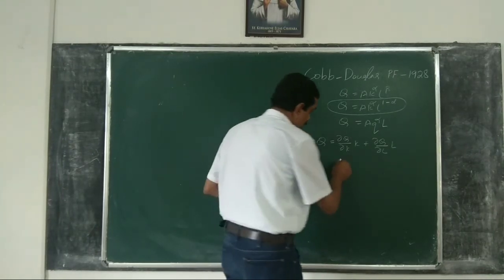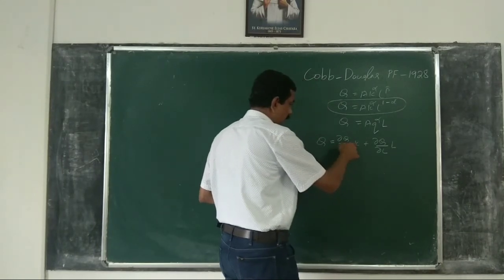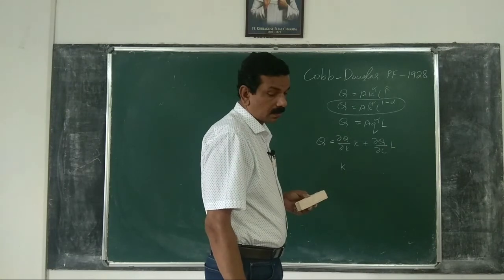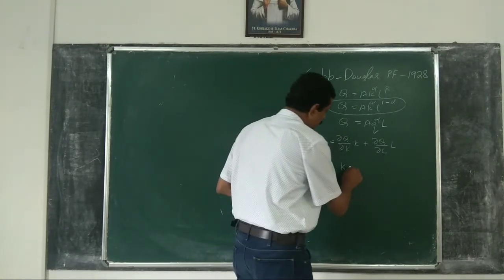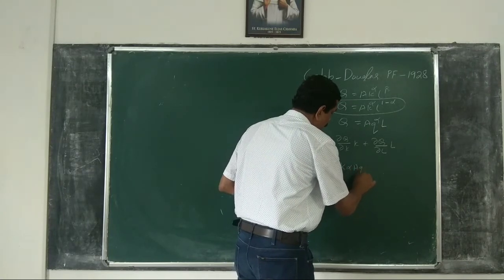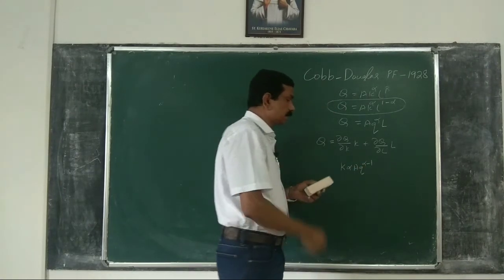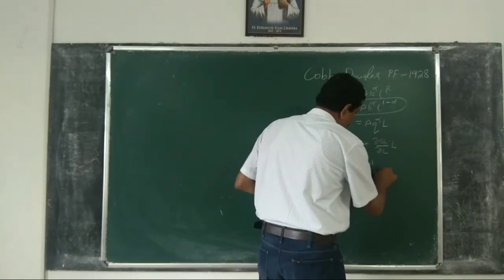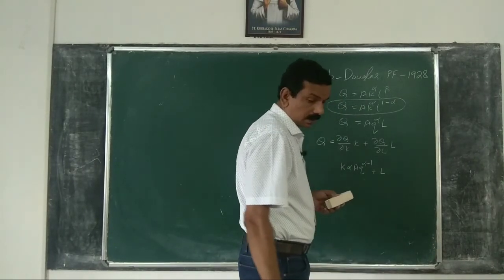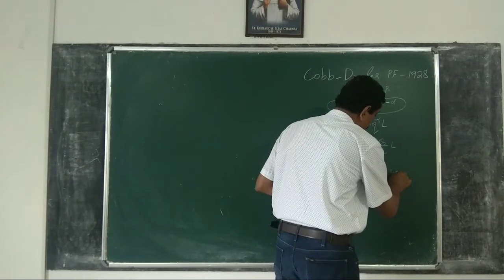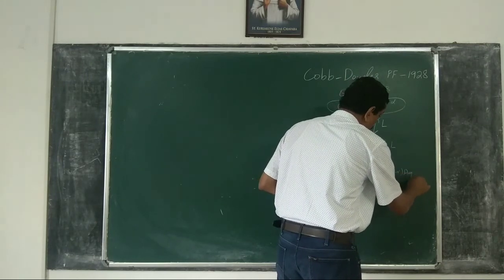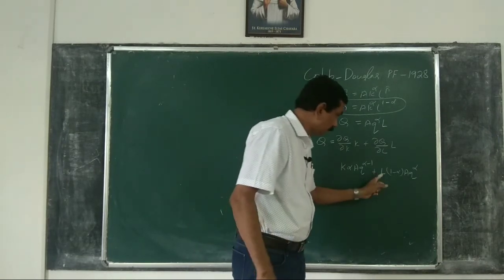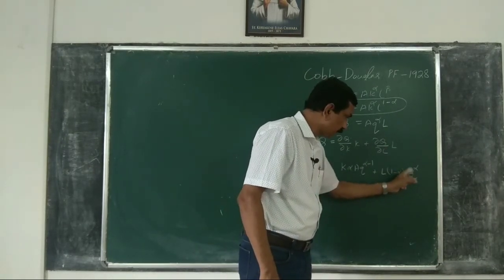Now this can be written as K into, we have already derived, dou Q by dou K as alpha A Q raised to alpha minus 1, plus L into dou Q by dou L as 1 minus alpha A Q raised to alpha. That is, L into 1 minus alpha A Q raised to alpha.